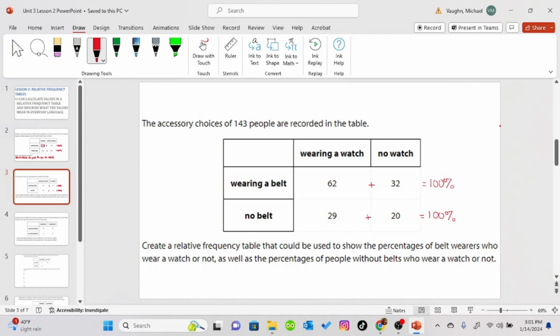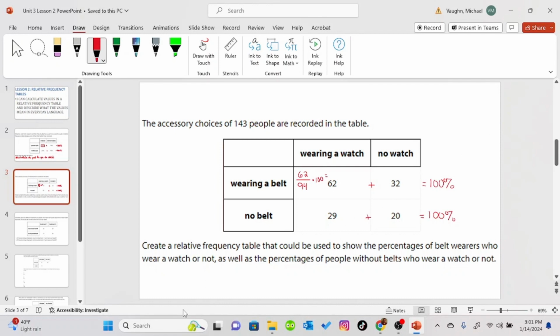So for this box here, we're going to take the 62 and we're going to divide it just by the number of those who wear a belt. 62 plus 32 is 94. So we're going to say 62 divided by 94 times 100.